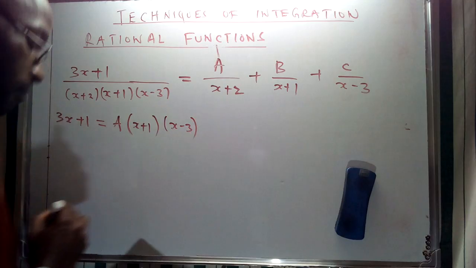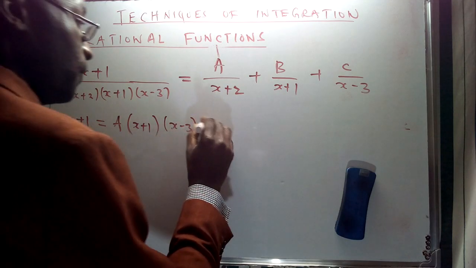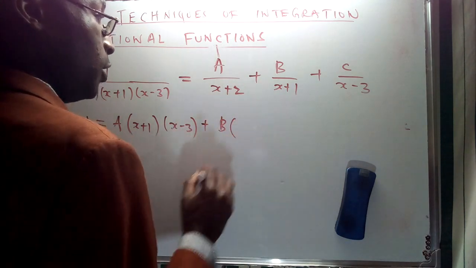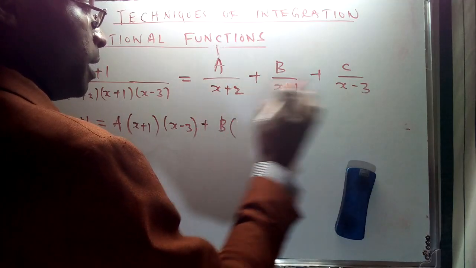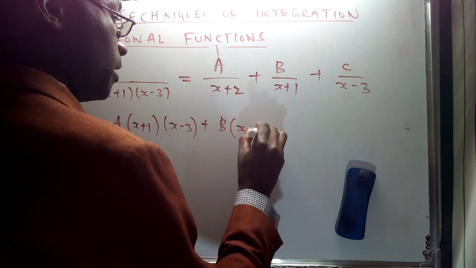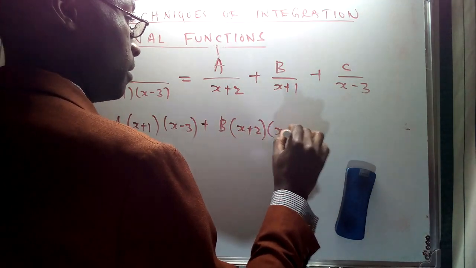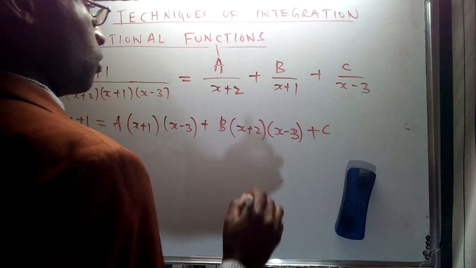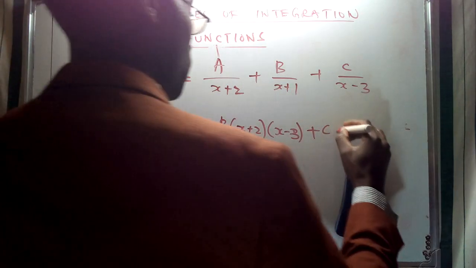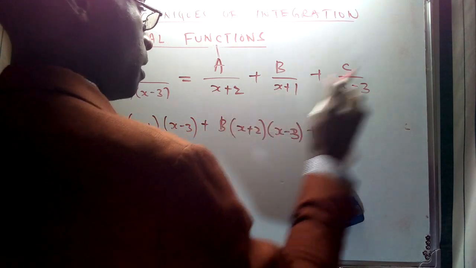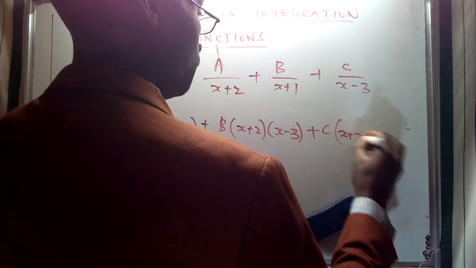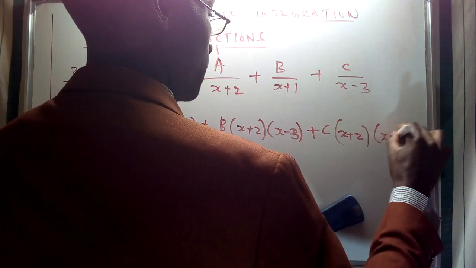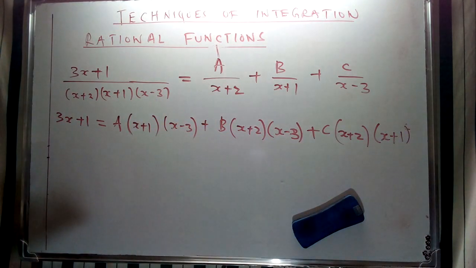And then we're going to have this second bit for b into this denominator and this one. So we're going to have x plus 2 into x minus 3. And then we're going to have plus c, which is equivalent to c into x plus 2, and then into x plus 1, given as such. So this is just a rearrangement of this specific expression that I've given.